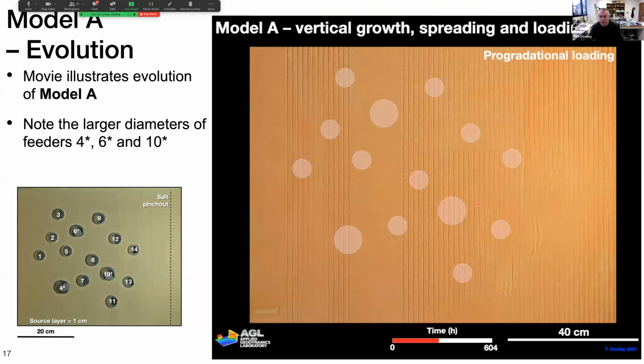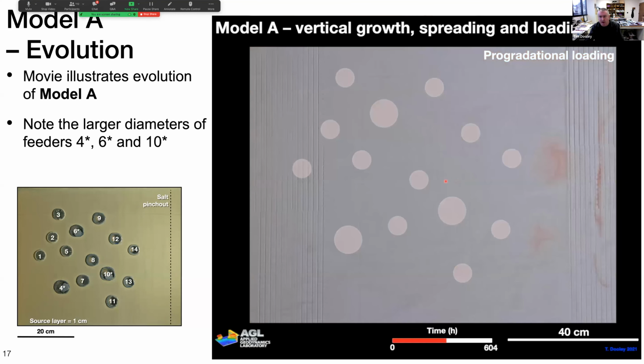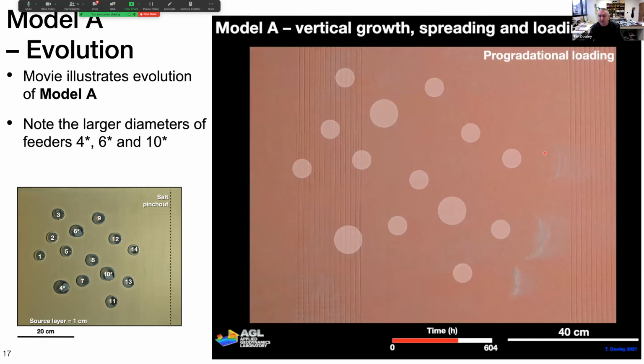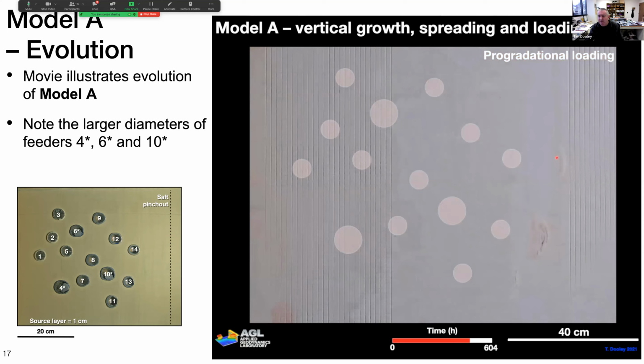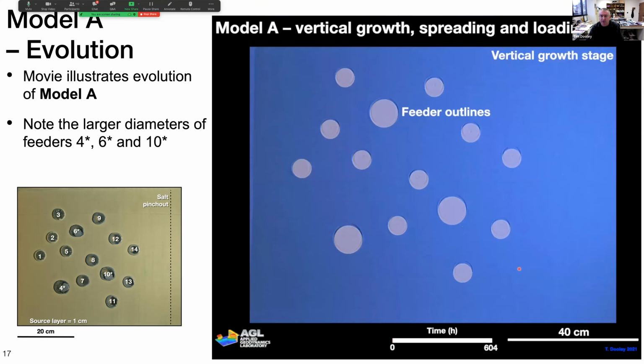And we will explore that afterwards. And here I'm just prograding out over this, and this stage goes on and on, and you don't really see an awful lot. You can see some salt upwelling out here at the edges, at the downslope edge of the system here.